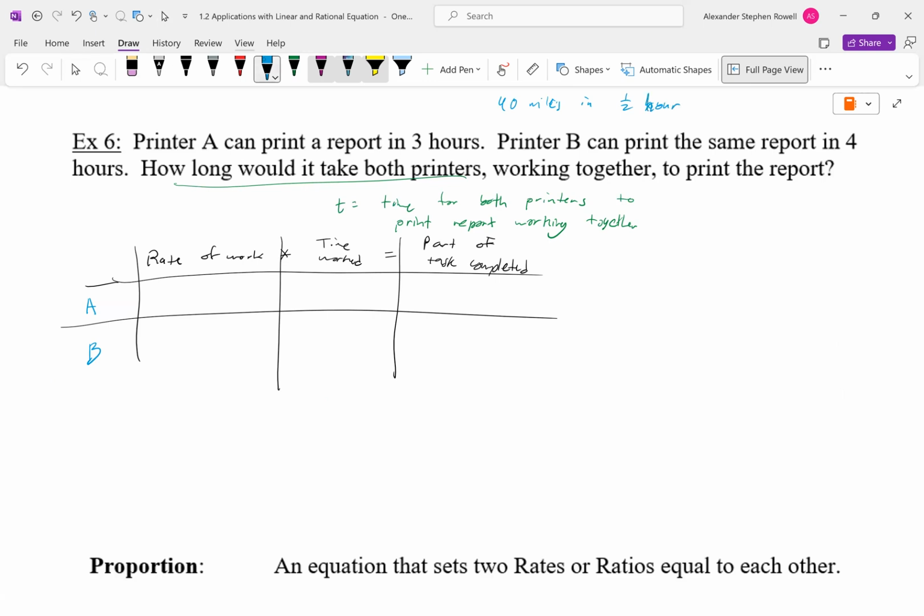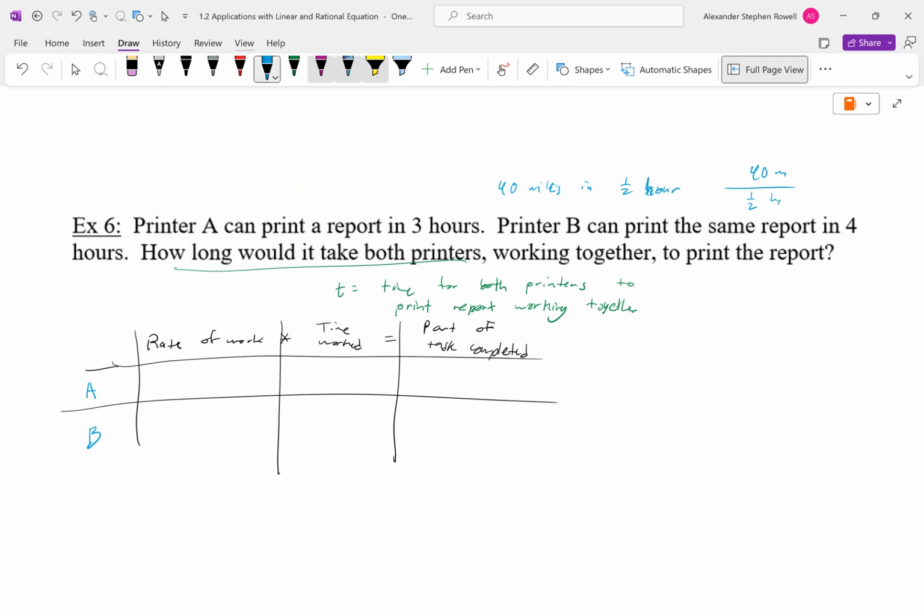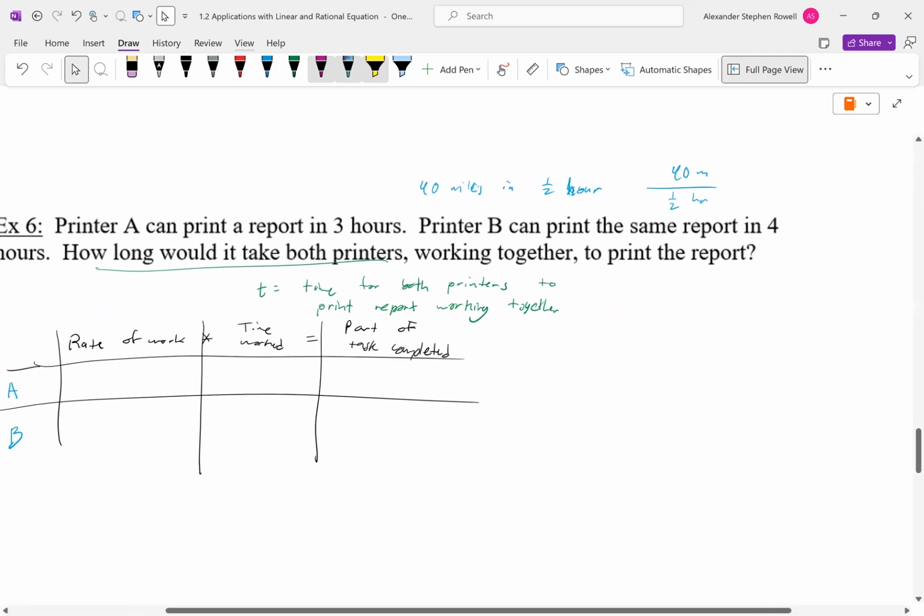What's its rate? 80 miles an hour. How'd you get that? 40 miles over 1/2 hour. Dividing by 1/2 is multiplying by 2. 80 miles per 1 hour. So it's really saying how much is completed in 1 hour. So you divide by the time, right?